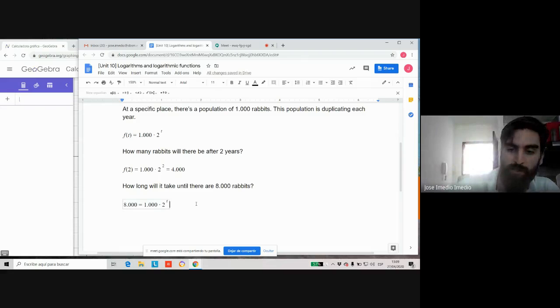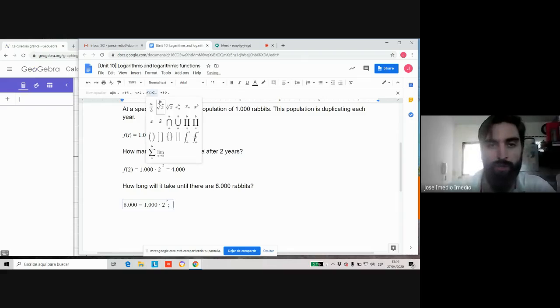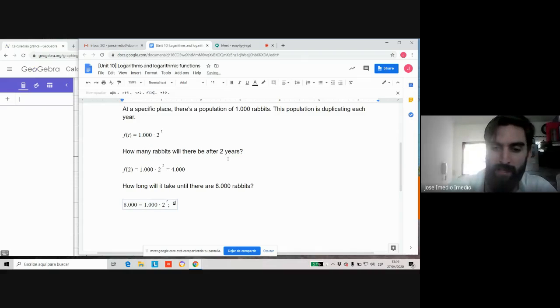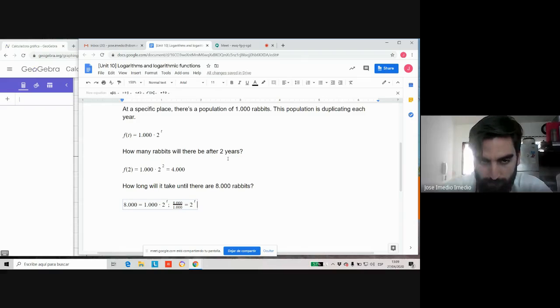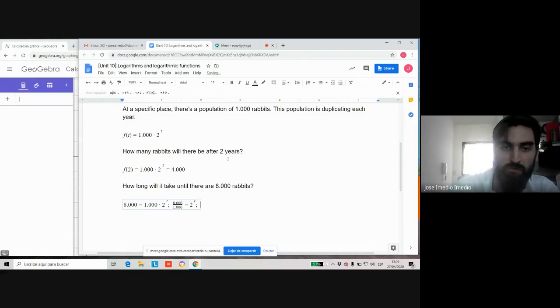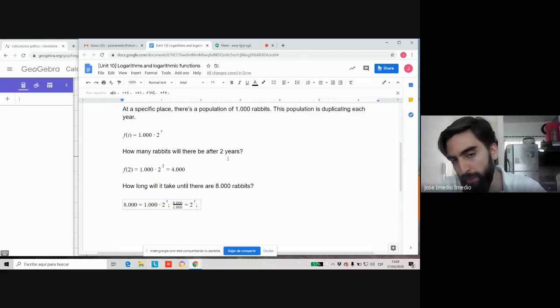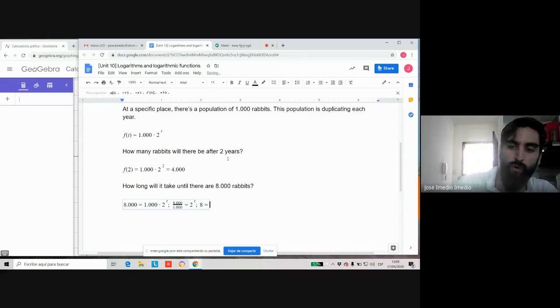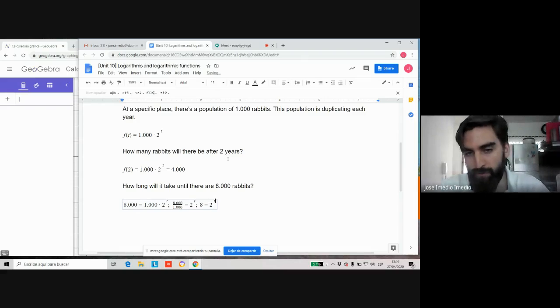This one is easy because the only thing I have to do is isolate the variable. So I'm going to do 8000 divided by 1000, and all of this is going to be 2 raised to the power of t. 8000 divided by 1000 is 8, so 8 equals 2 raised to the power of t.